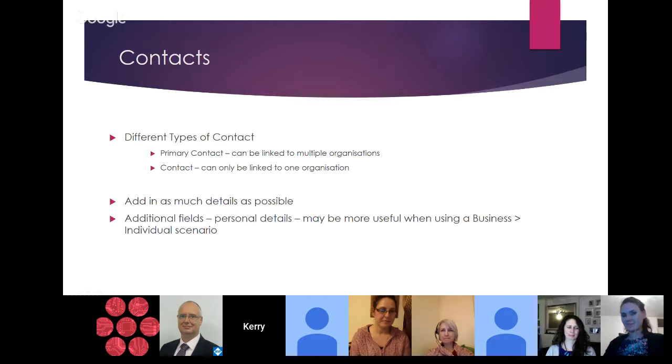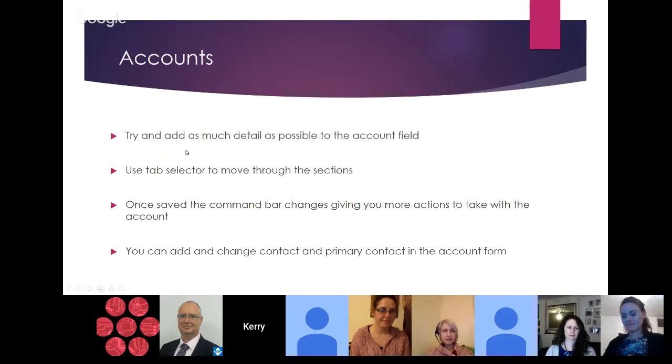Like I say, I think we've all been through this already, and we've created a contact, and we know the different places that we can create contacts. If we move on to an account, when creating an account, try and add as much detail as possible. I'll demo this in a minute, but you can use the tab selector to move through the sections, which I didn't realise till I started putting this presentation together, which makes life so much easier.